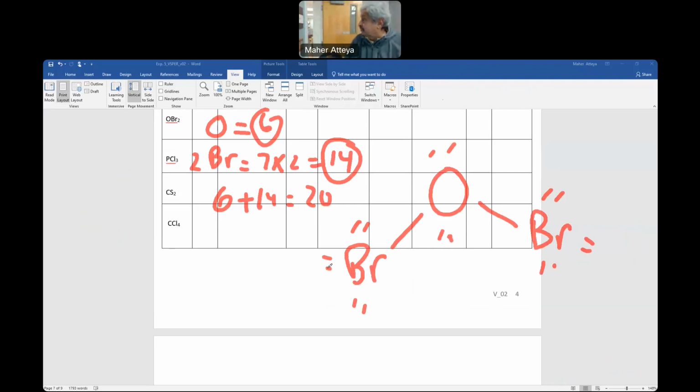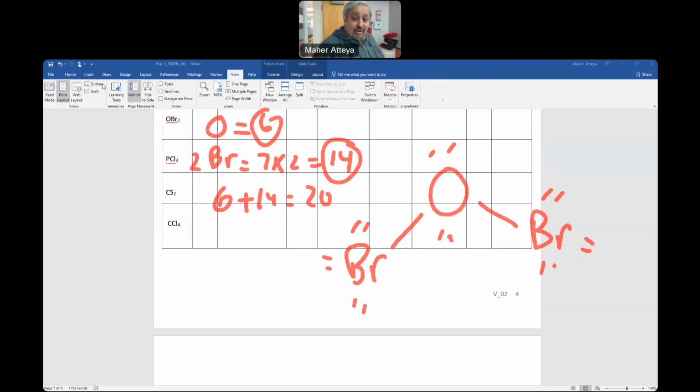Okay, guys. So OBr2. Now, how many zones do we have? Somebody tell me how many zones. Come on, guys, you can tell me. How many zones? 4. Correct. Why 4? Let's count. I did not put the code on purpose, but I want to see if you can count them without the code.